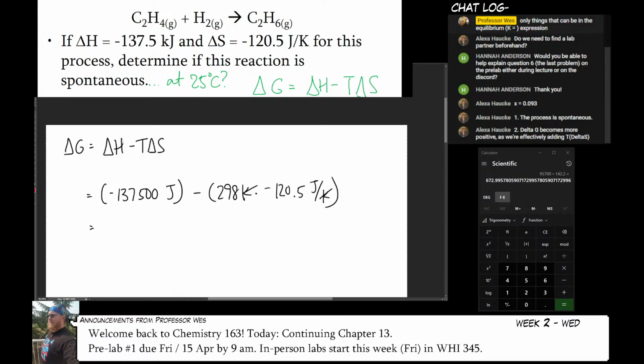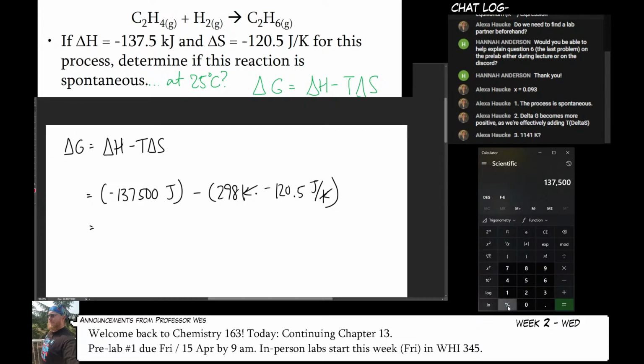And so we get, so negative that, minus, parentheses, 298 times 120.5, negative. And it's a little less negative than delta H is, but it's still negative.